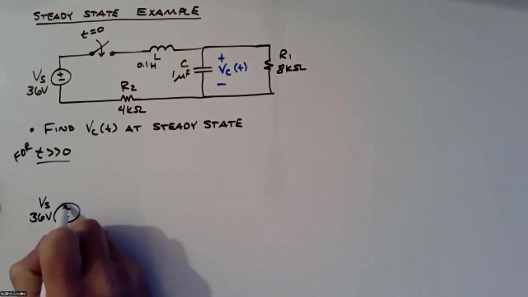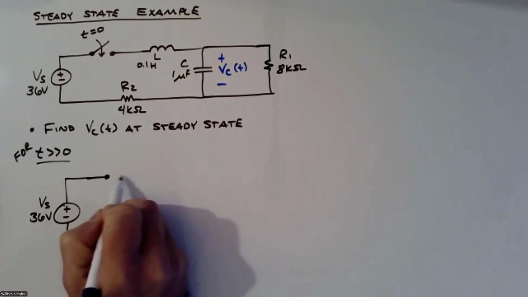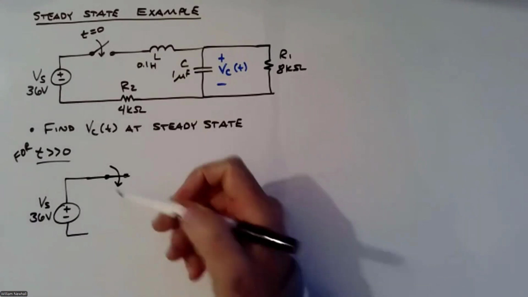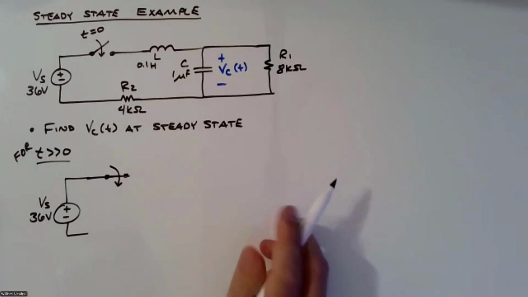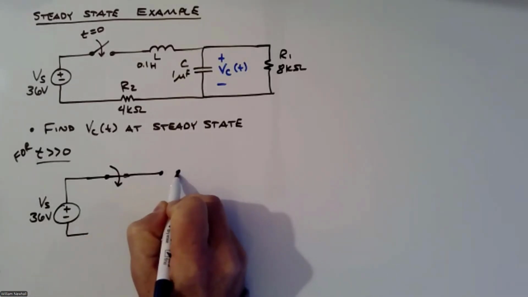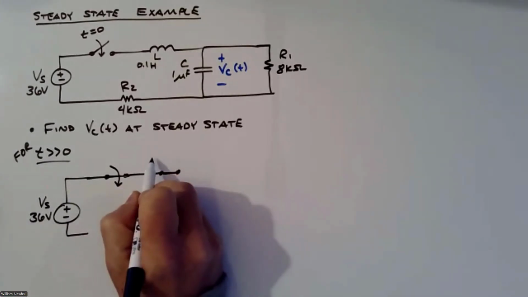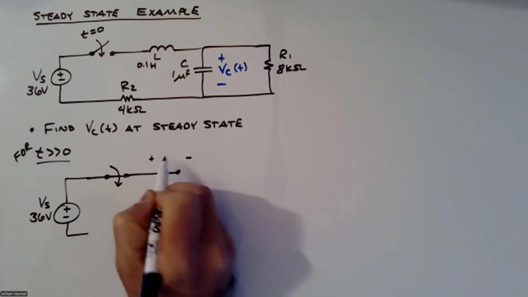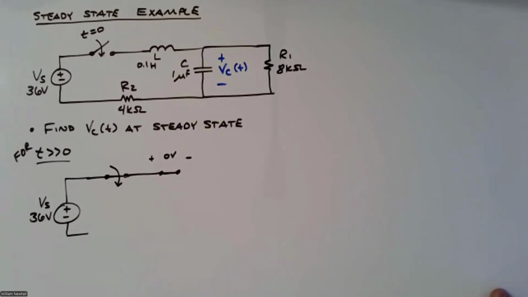And then we have a closed switch, because we're long past t equals 0. The inductor, as I showed on that last slide, becomes a short, because L di dt is 0 volts for that inductor.